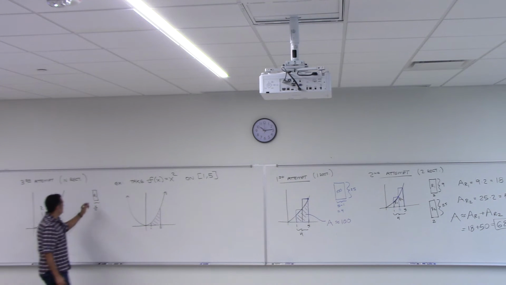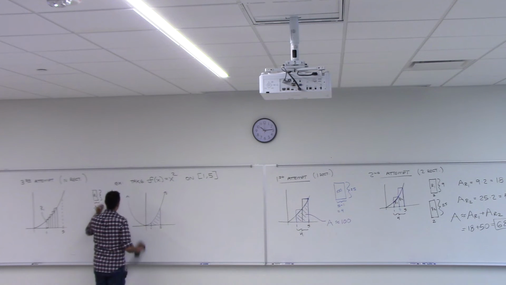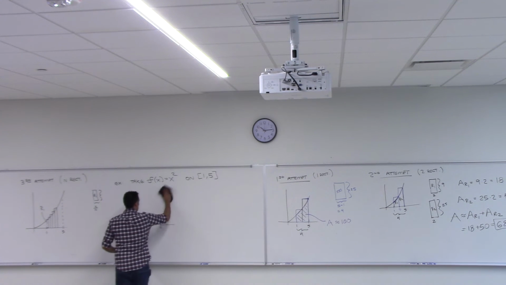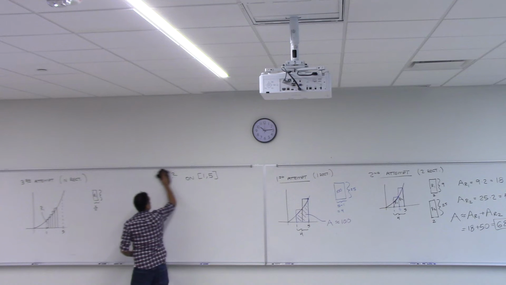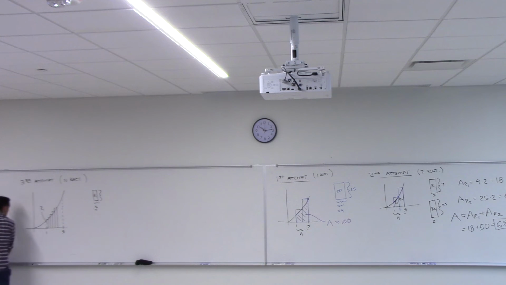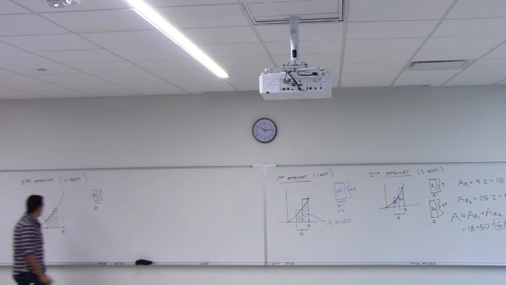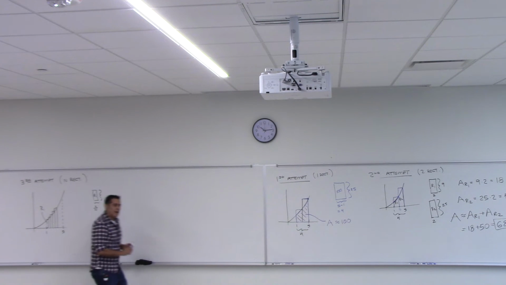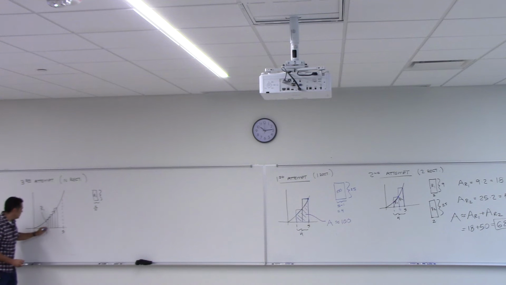How tall is it? This is the part that gets people. In order to tell you how tall that is, I have to tell you where I am. I'm right here at this first right endpoint.